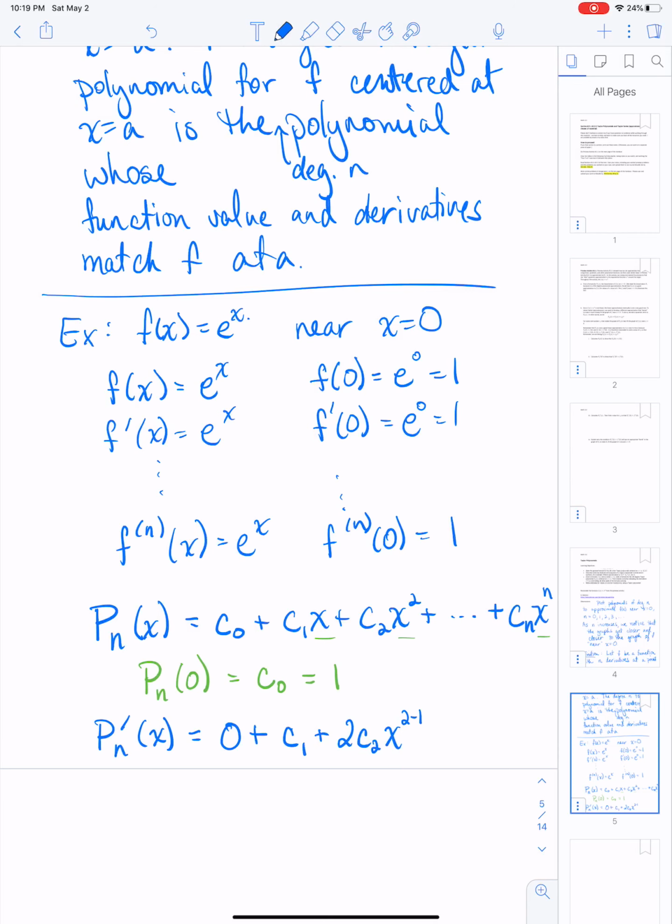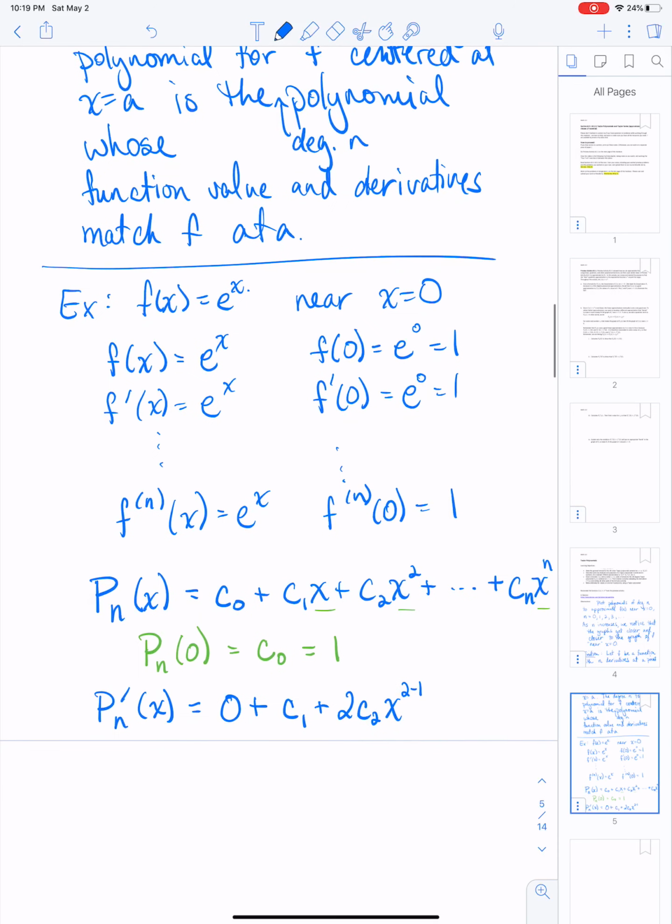I'm just going to write this a little bit inefficiently, but just so that we can see the patterns that are happening here. Plus dot, dot, dot, plus, and then this term is going to be n times Cn times x to the n minus 1.